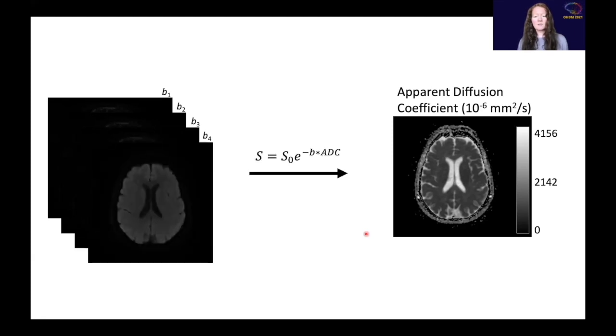And then we're going to fit the signal model. So we know that the signal decays in an exponential manner. We have S, which is the signal in these images, and b, the weightings that we applied, the way we perturbed the system. And then we can calculate the ADC. And so this gets us a quantitative MRI map.